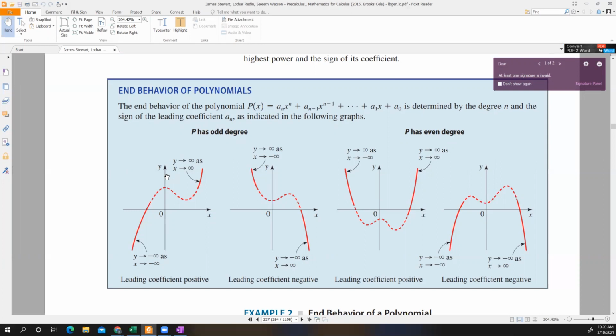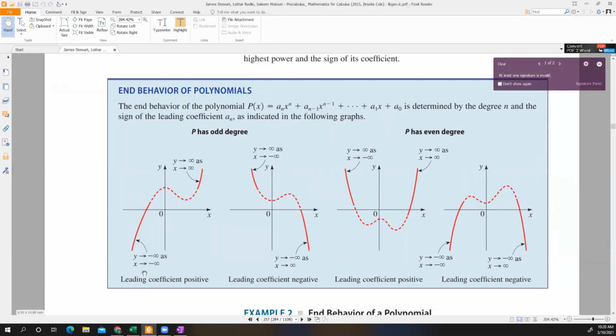Of course, if you had y equal to negative x cubed, the limits would switch. One would become negative infinity, the other positive infinity. But the idea that the limits are opposites of each other is still true when P has odd degree.